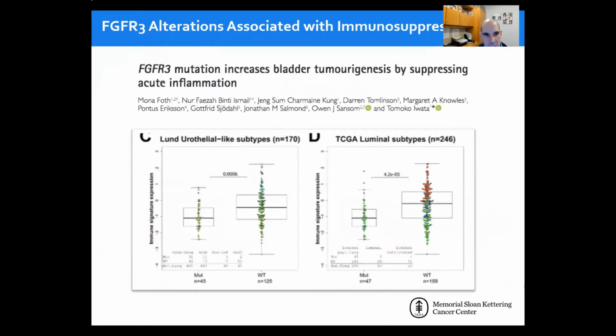This is some additional data looking at mouse models of bladder cancer, amongst other investigations looking at subtyping, again showing that FGFR3 alterations are associated with a somewhat immunosuppressed tumor microenvironment.